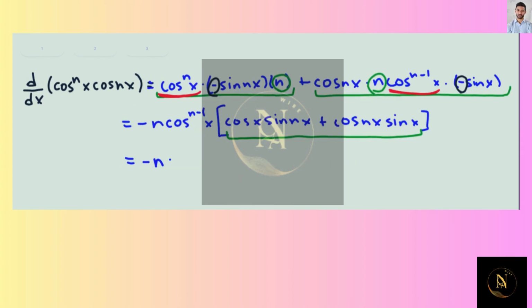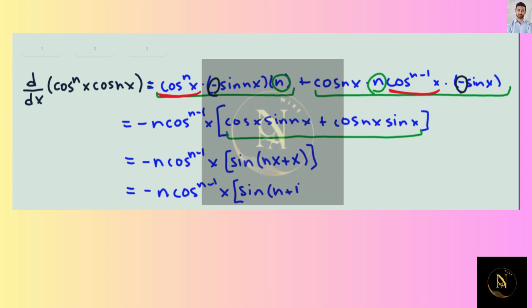So we'll rewrite our quantity inside the brackets as the sine of nx plus x. And finally, we could factor x out of both of those terms, and we get our formula here, which will be negative n times cosine of x to the n minus 1 power times the sine of n plus 1 x.